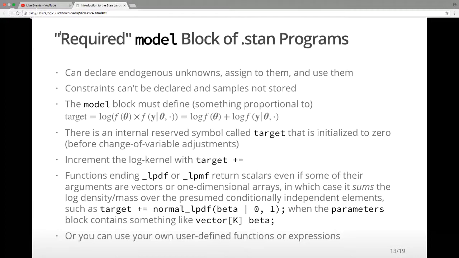And so if you have a statement like this, target plus equal normal_lpdf(beta | 0, 1), that's saying you have independent normal priors on the k elements of beta, and not only normal, but standard normal. And it's just going to do the logarithm of the normal distribution for the first element of beta plus the logarithm of the normal PDF for the second element of beta, summed up over all k elements, assuming under your prior those are conditionally independent of each other.